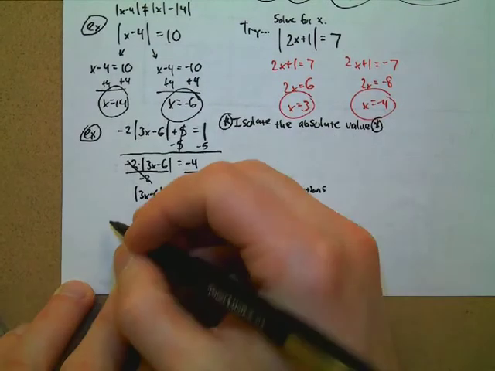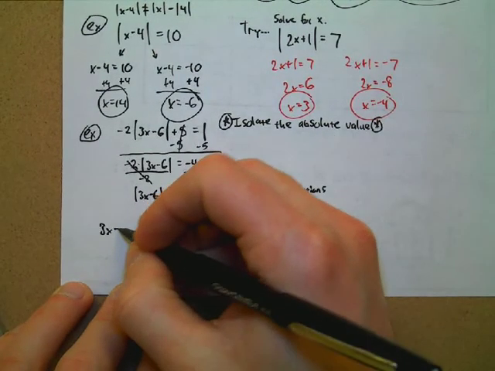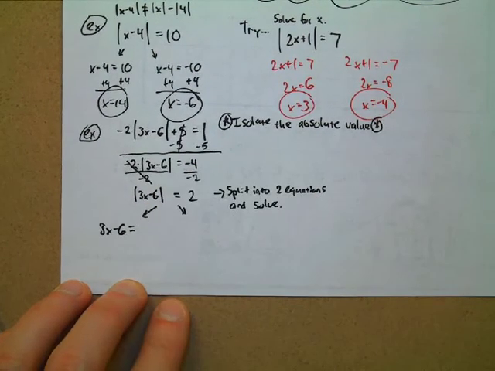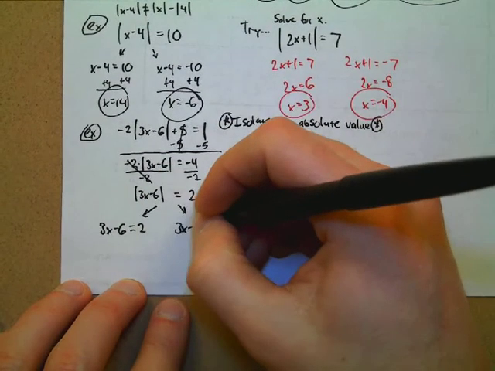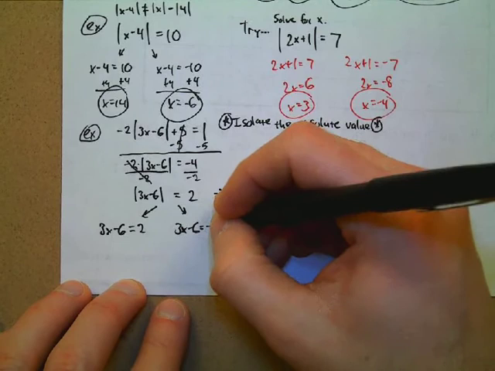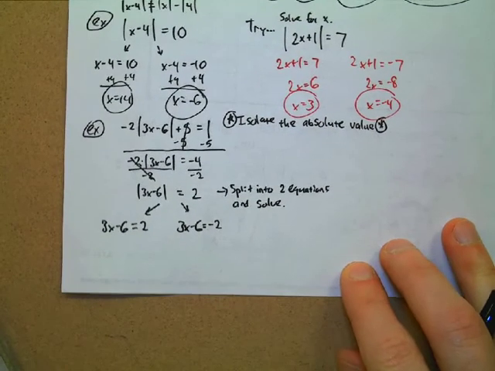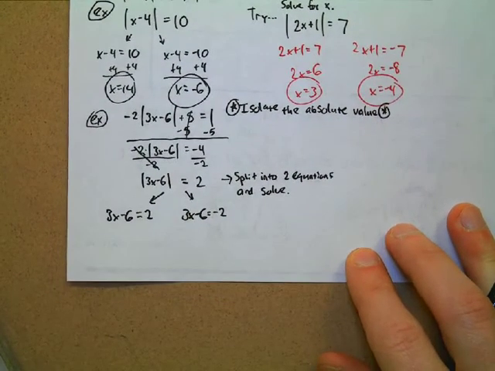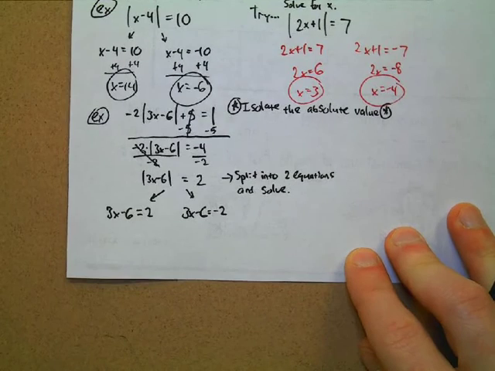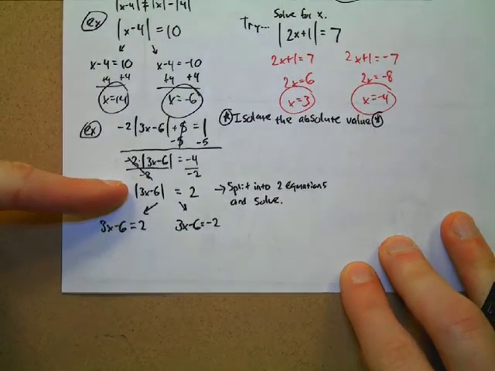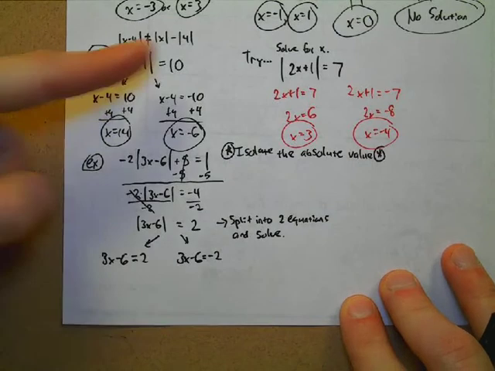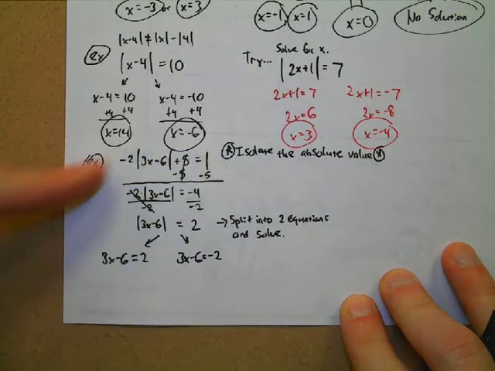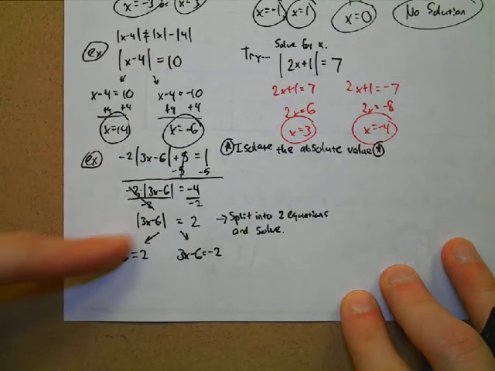One equation will have 3x minus 6 equals 2, and one where 3x minus 6 equals negative 2. Yeah, exactly. Because once we get to this point, it's just like these earlier ones that we did. Absolute value by itself. So we'll just split into 2 equations, and then you just solve from there.